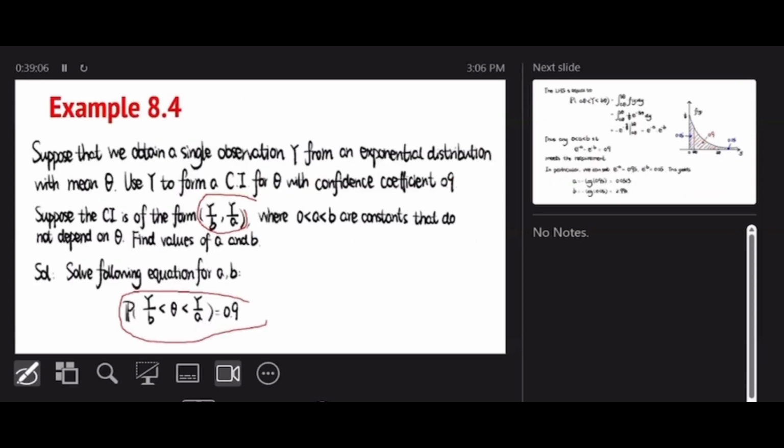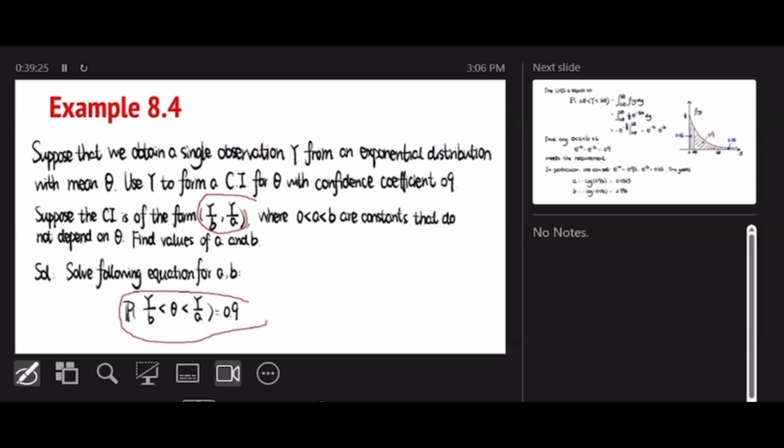Because here, this only tells me the probability about theta as if theta were a random variable, but theta can never be a random variable. A population parameter is constant and doesn't vary. What varies is y, or the estimator.